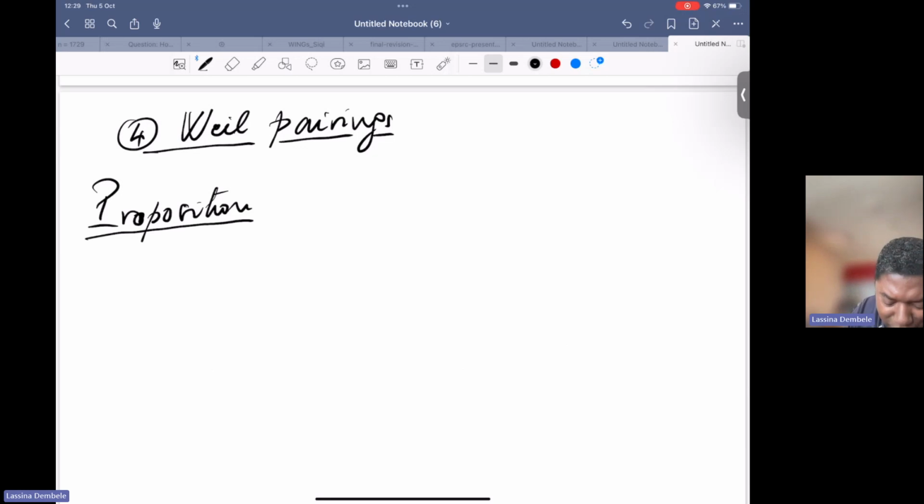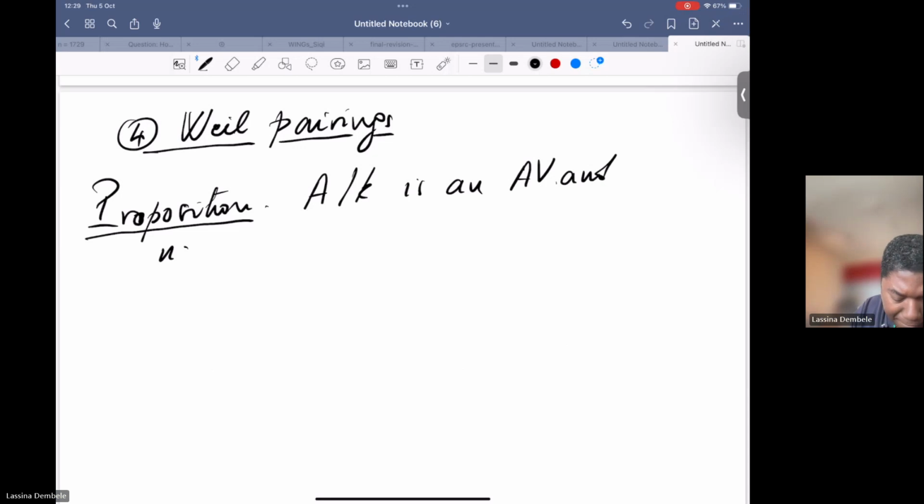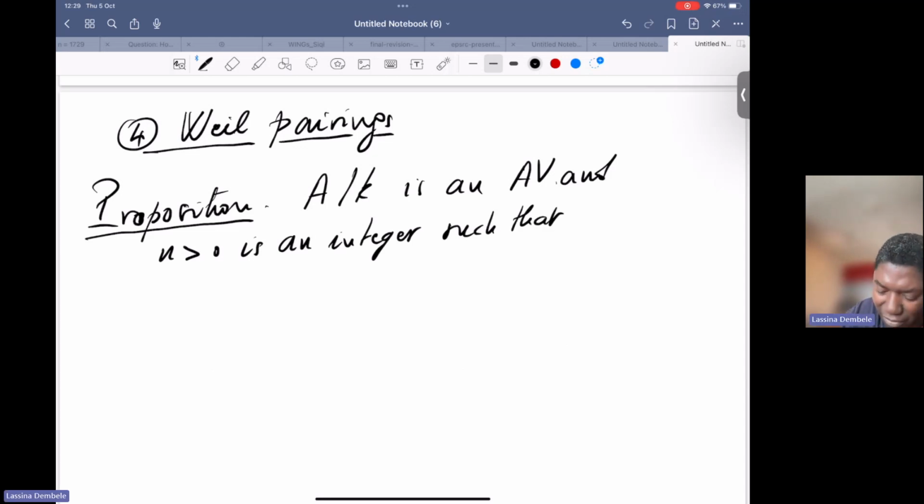So the running assumption is that A over K is an abelian variety, and n is an integer which is co-prime with the characteristic of the field.